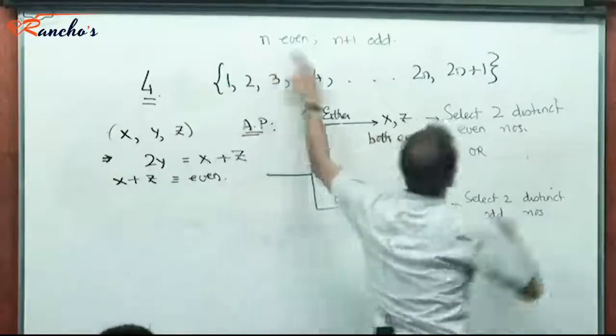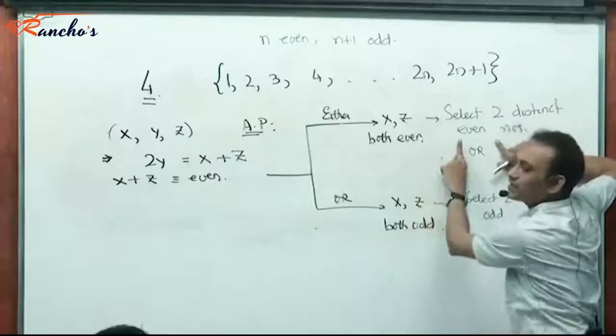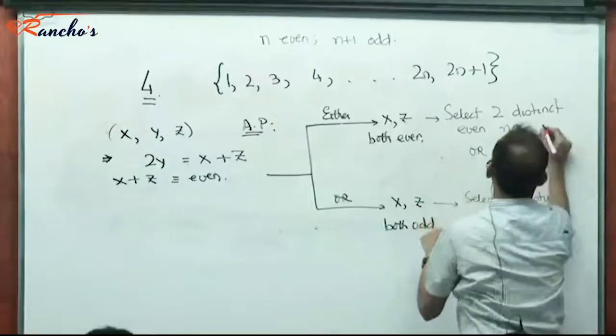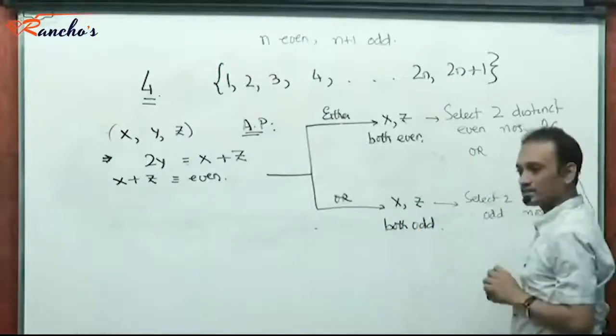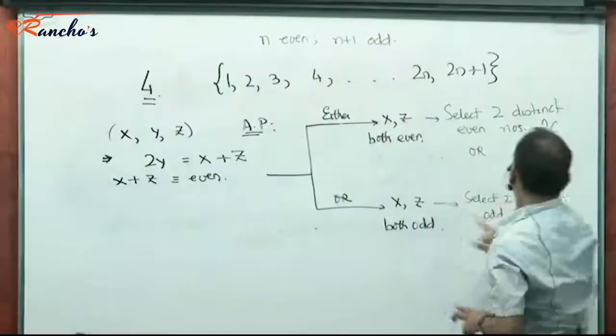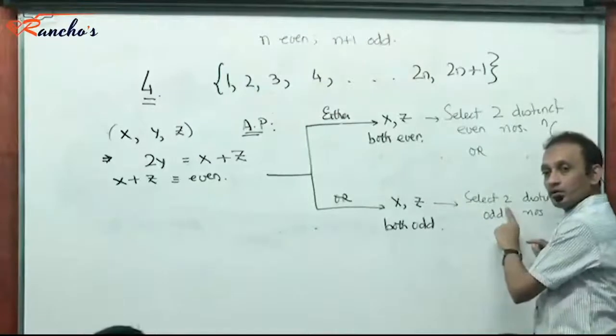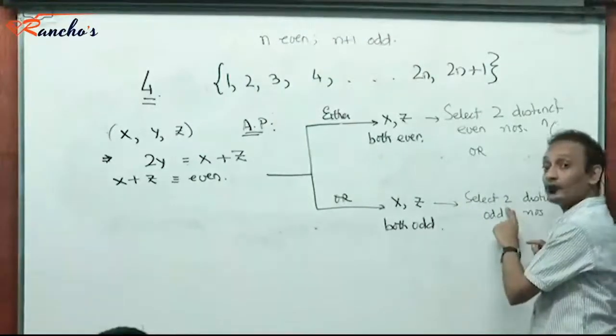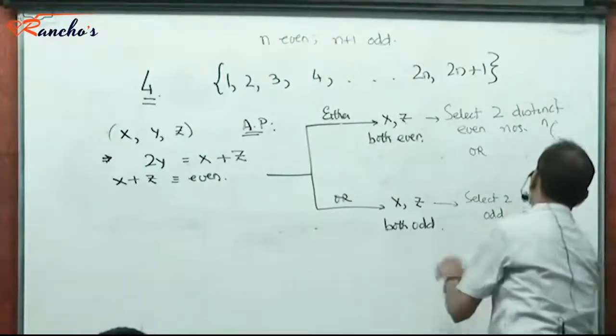So from the n even, how many even do you want to select? 2. You can do that in nC2 ways. From n plus 1 odd, how many odd do you want to select? 2. In how many ways can you do that? n plus 1 C2 ways.